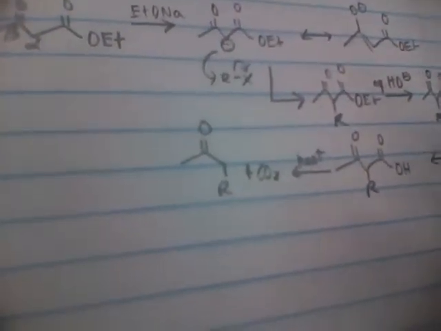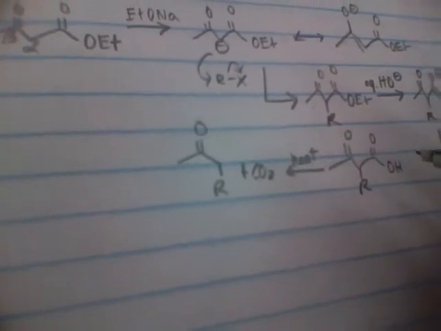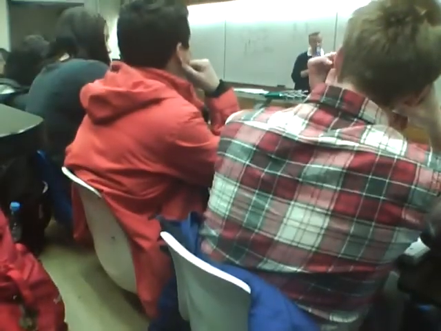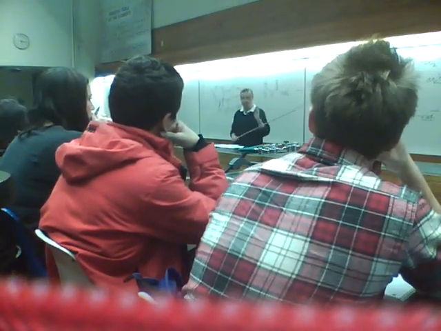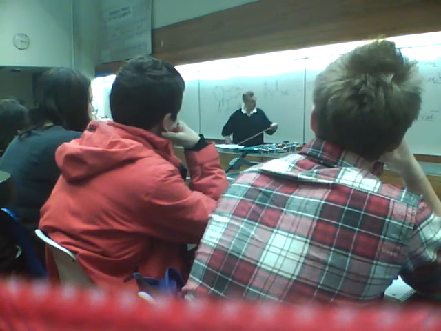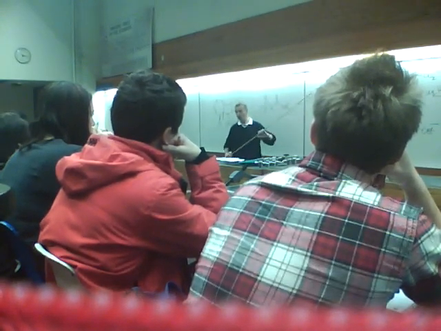So this looks like a long way round to make this compound, because from what I told you before, you could take acetone, make its enolate, and alkylate it. So why do people do this? They do this because the alkylation of beta-dicarbonyl compounds generally works so very well.